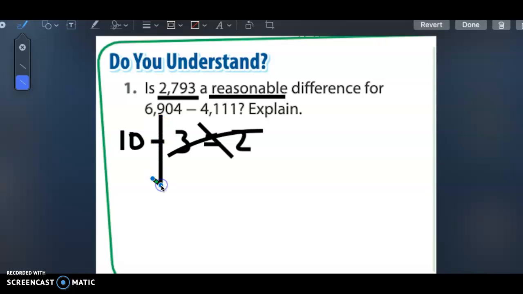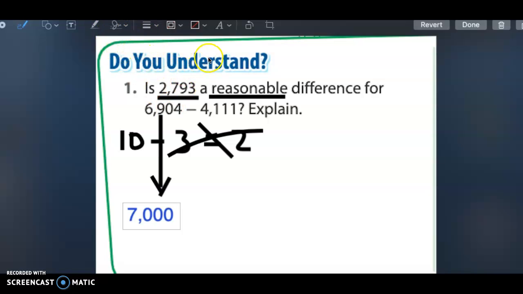So when I round 6,904, I am going to round it to the closest thousand. And the answer that I get is 7,000. And we learned all about that in topic 1, how to round.